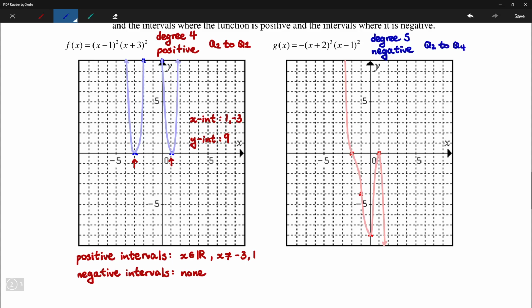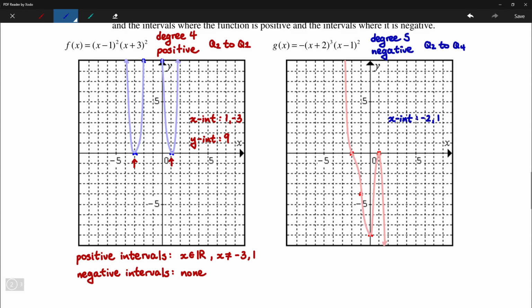The x-intercepts were already found, and they were at -2 and +1. The x plus 2 cubed produces the 0 at -2, and the x minus 1 squared produces this x-intercept at +1. Okay, I'm just going to move this to the left slightly. So the next piece of information is the multiplicity.